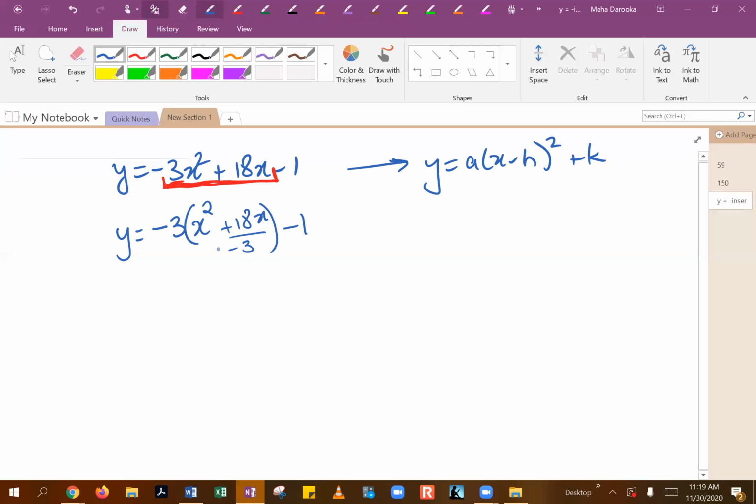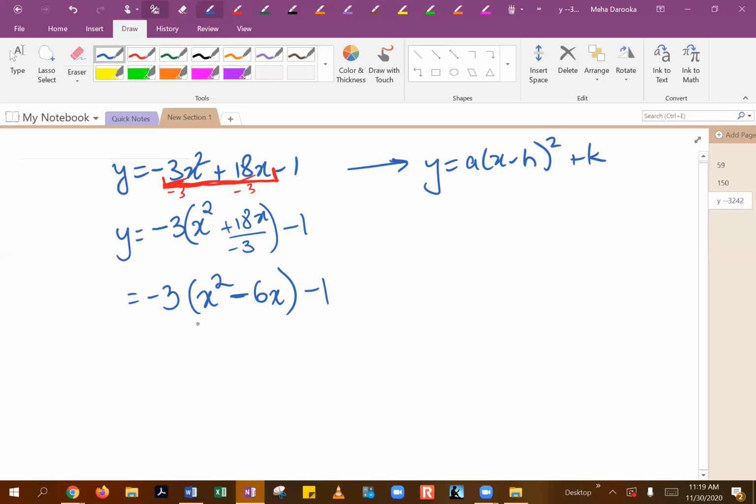When you simplify that, positive and negative will give you -3. 18 goes into 3 6 times, so you would be left with -6x when you take that -3 outside. So basically you're dividing each of these terms by -3 to get what you have inside the parentheses.